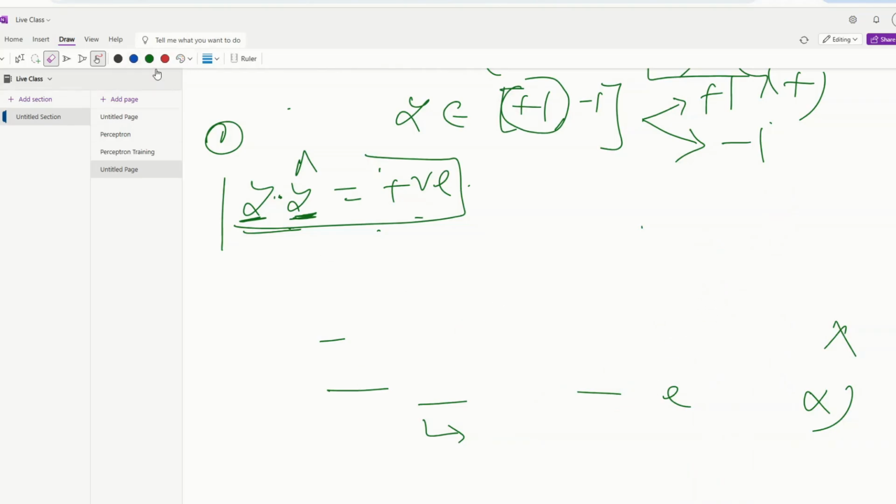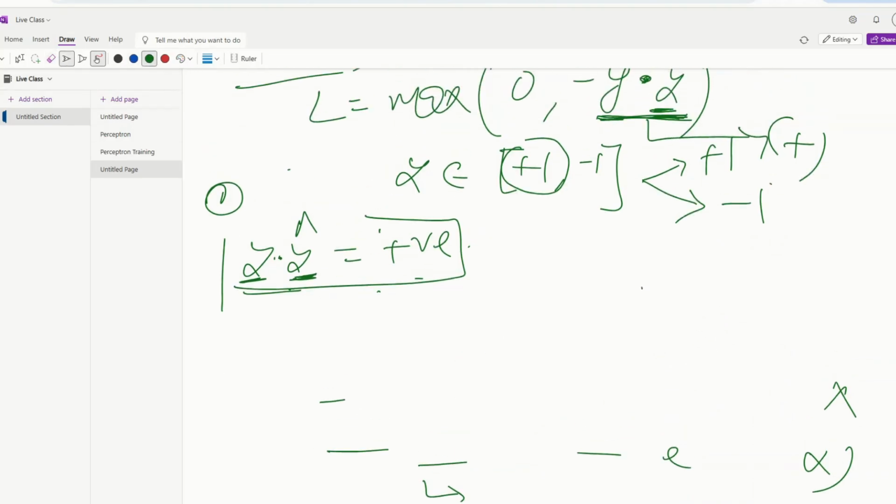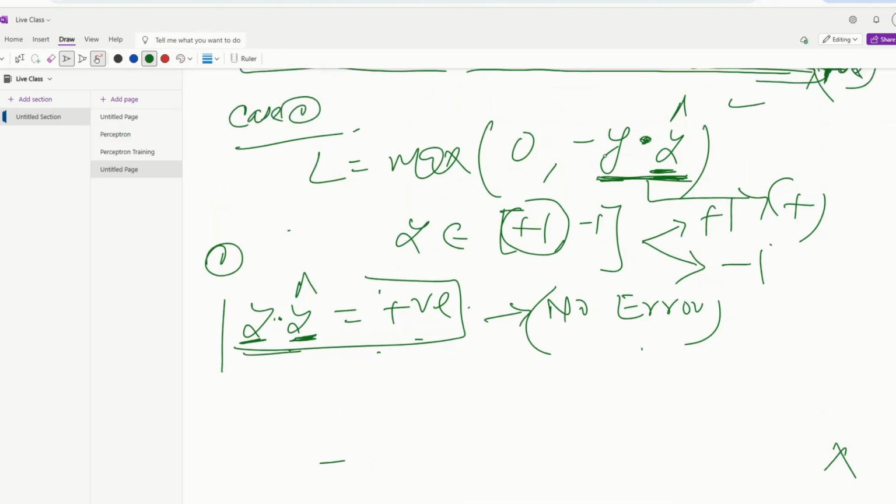Here I wanted to explain the first case. If y into y dash is positive, then I'm saying that there is no error, no misclassification. So in that case, this term will be positive, right? And in front of the positive, I'm applying minus. So in case number one, what is my error?